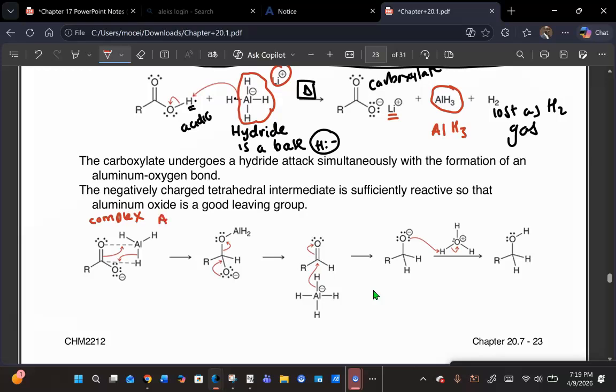But you see the AlH3 that was formed before, forming a complex. So at the same time, simultaneously, the oxygen takes the aluminum, and the hydride is added to the carbonyl. So you're trying to make a bond. I don't like the way it's drawn, so I'm just going to attack the carbonyl now. So the pi bond opens, you get this complex.